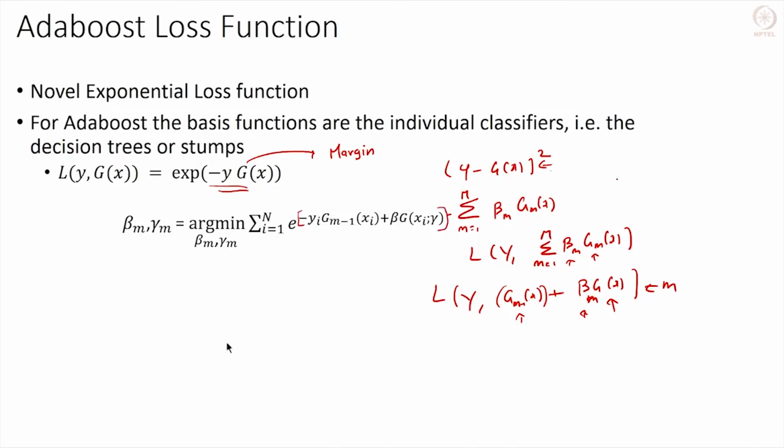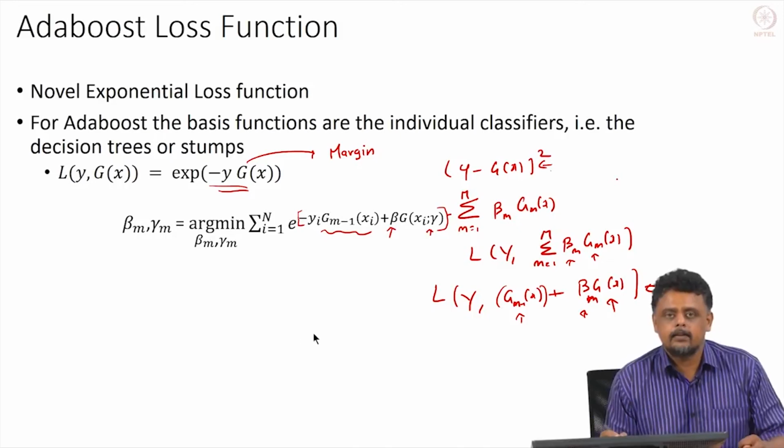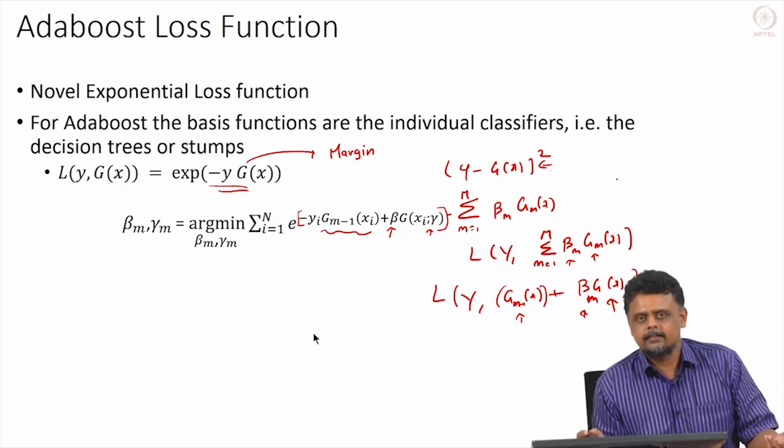So, instead of the least squares, we have put in the exponential loss function. In the mth stage, we will not modify the parameters of g m minus 1, but rather only focus on estimating beta and gamma here. In the case of regression trees or classification trees, gamma represents the nodes and the features used in the split.